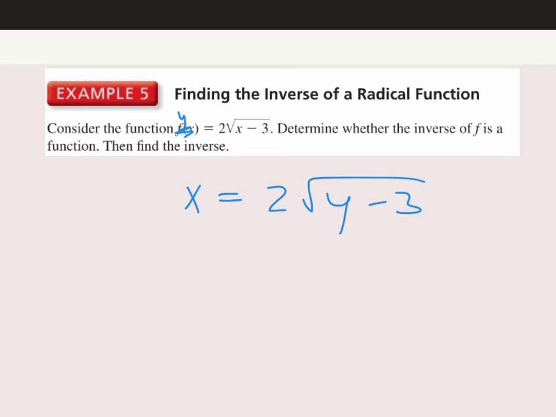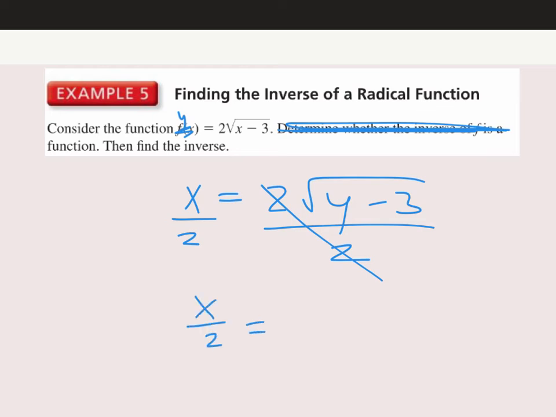What do we have to do first? Awesome. We have to divide by 2 because we can't touch that square root yet until we get rid of the 2. So we have x over 2 is equal to the square root of y minus 3.